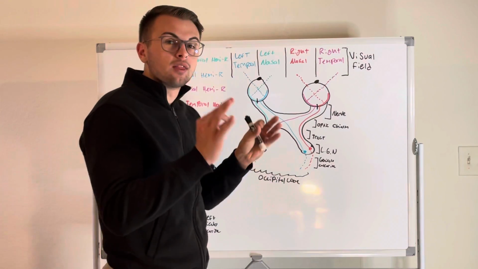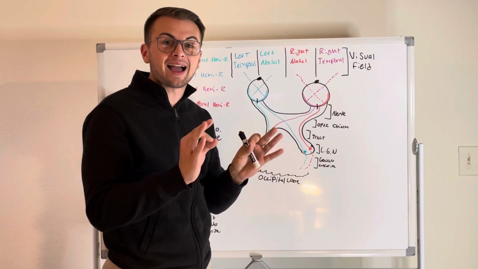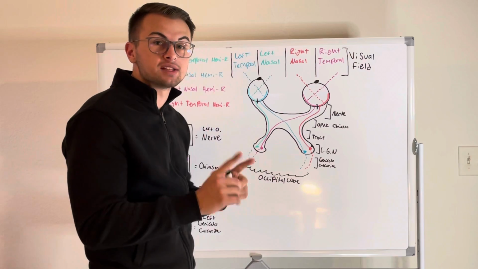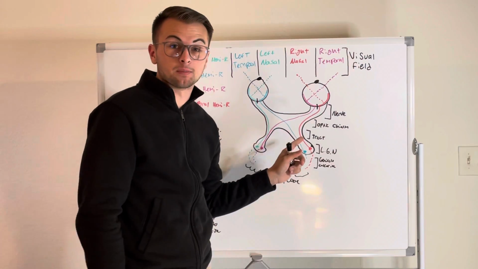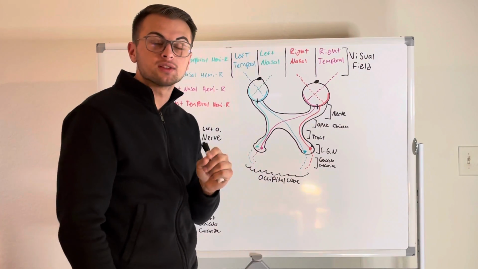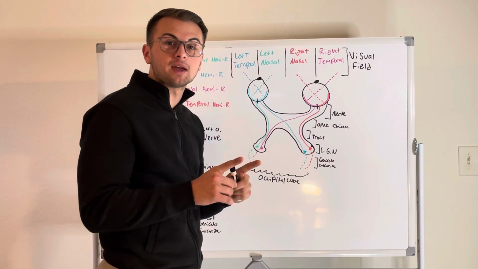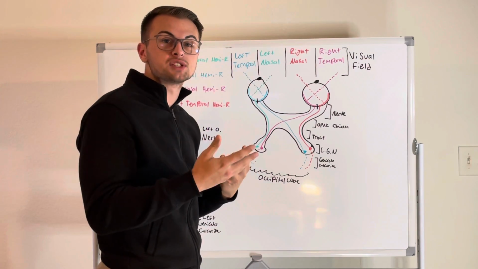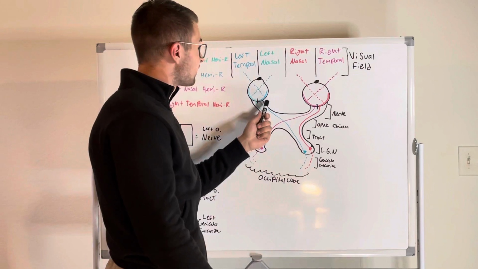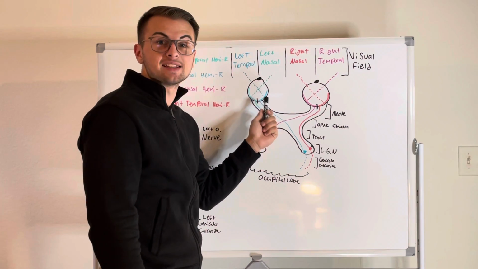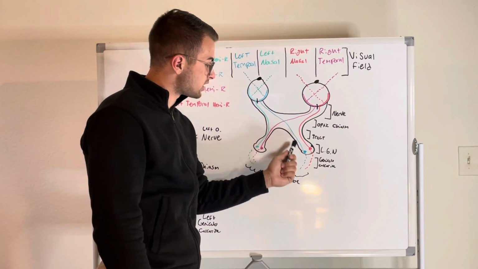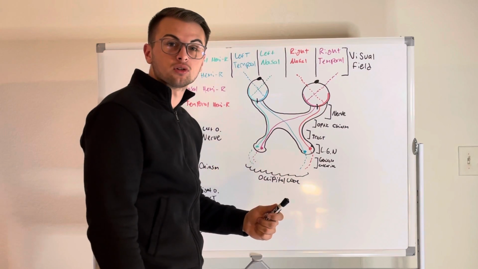However, the nasal hemiretinas actually cross at a place called the optic chiasm. So this is the important part. This is where a lot of people get confused. This means that the sensory information, the light information that we are receiving from our left nasal hemiretina, is actually going to travel across here, go to our right occipital lobe.